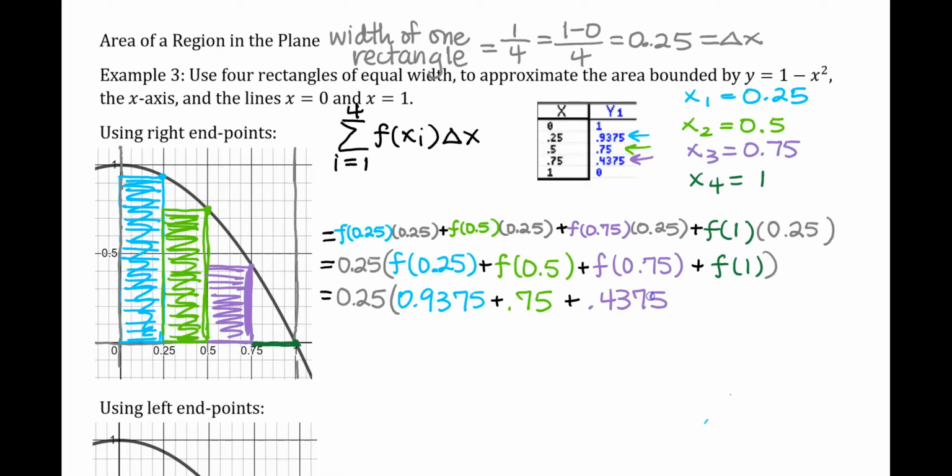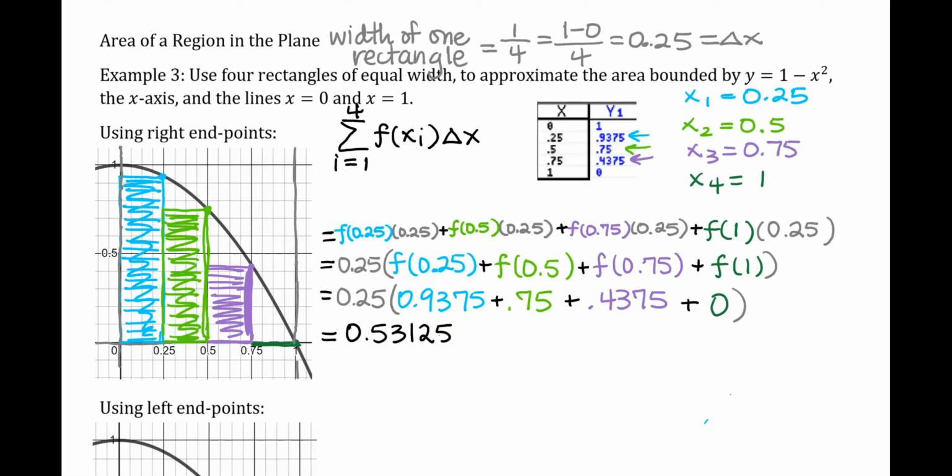And then finally, we will add the function value at 1, which we don't really have to do because that is just 0. And now I will evaluate this last line to get my approximation for the area using right endpoints. And all of this comes out to give me 0.53125. And so this is our approximation using right endpoints.